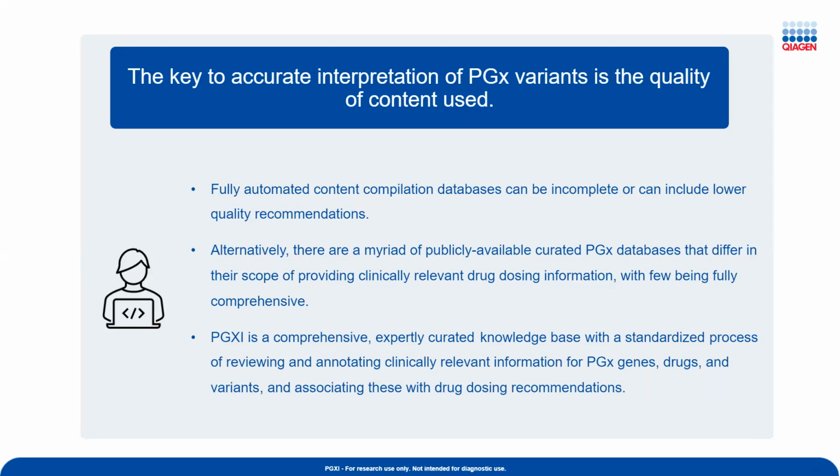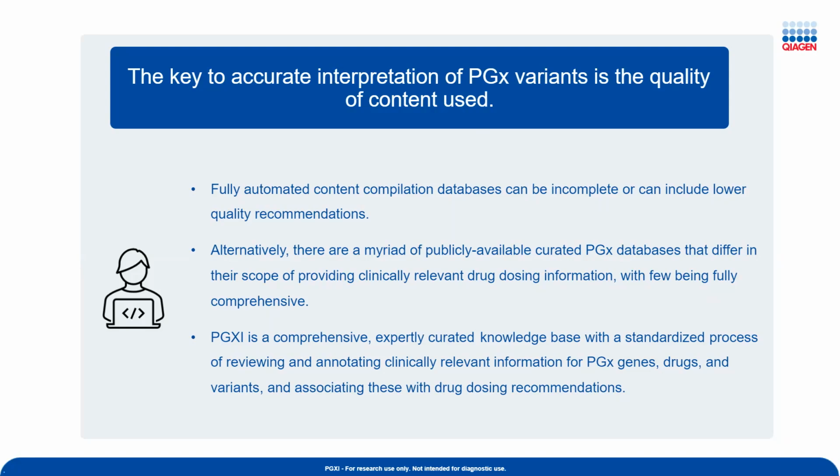As with many other precision medicine platforms utilizing genomic sequencing information, the key to accurate interpretation of PGX variants is, of course, the quality of the content that is used. Fully automated content compilation databases can be incomplete or can include lower quality recommendations.